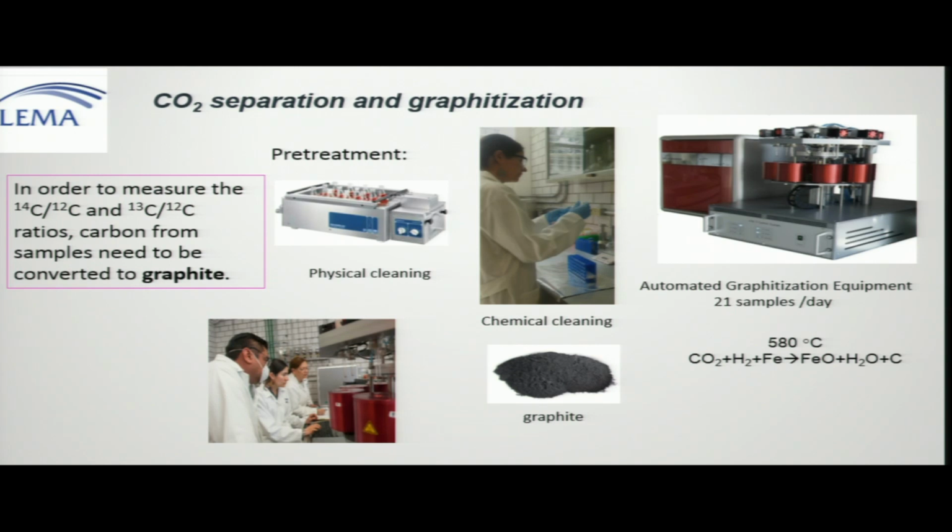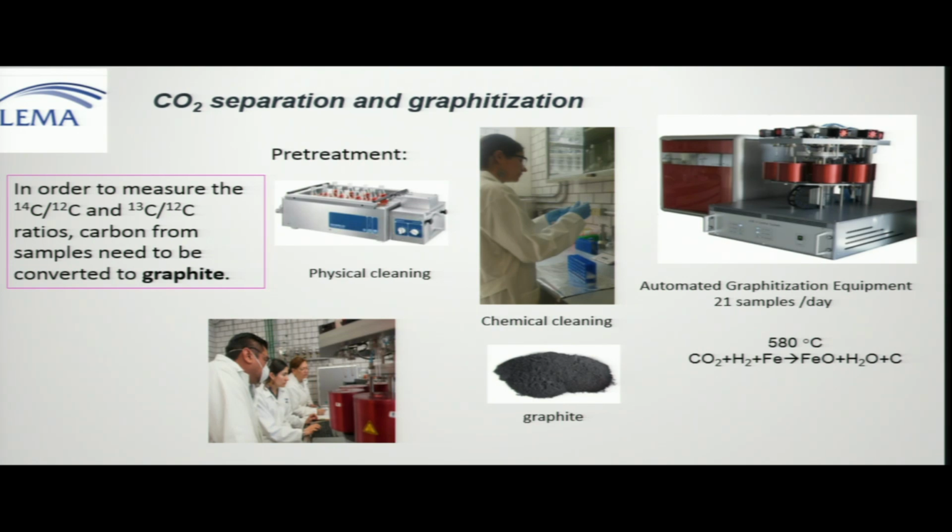The procedure to measure the carbon-14 implies the separation of the CO2 and the graphitization of the carbon. So in order to measure the ratios of carbon-14 and carbon-12, or carbon-13 and carbon-12, we need to extract the carbon and convert it to graphite.